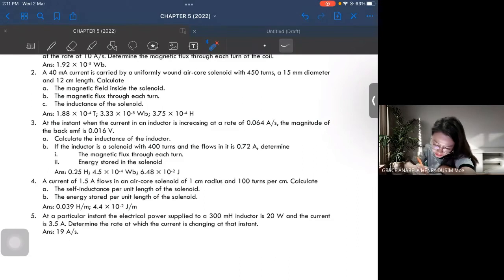Dia cakap, at the instant when the current in an inductor is increasing at the rate of 0.064 ampere per second, the magnitude of the back EMF is 0.016 volt. So, if the inductor is a solenoid with 400 turns and the current flowing in it is 0.72 ampere, we have to determine the magnetic flux through each turn and the energy stored in the solenoid.